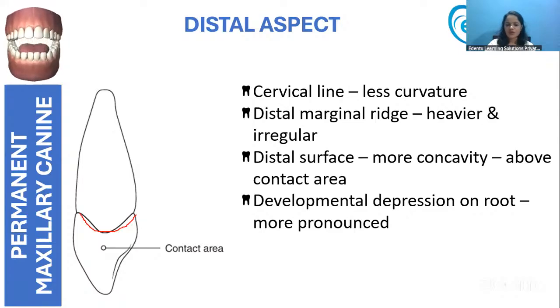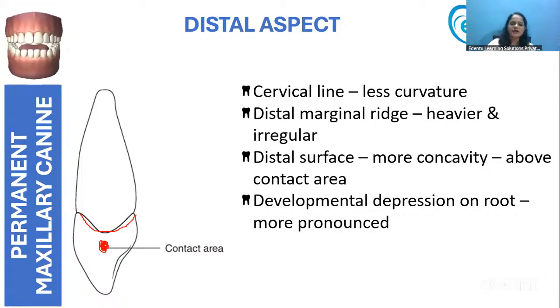The contact area usually comes in the middle third when you look at the crown of the tooth from the distal aspect, whereas it is at the junction of the incisal and middle third from the mesial aspect.